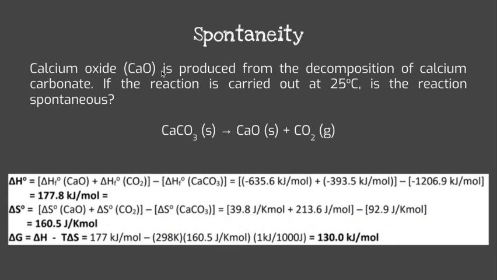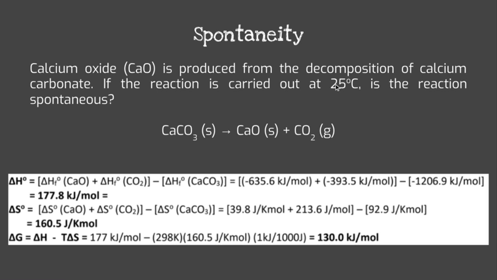Calcium oxide is produced from the decomposition of calcium carbonate. If the reaction is carried out at 25 degrees Celsius, is the reaction spontaneous? I have already given you the standard enthalpy and the standard entropy of the reaction, and since the temperature is given in Celsius, we need to convert it to Kelvin.